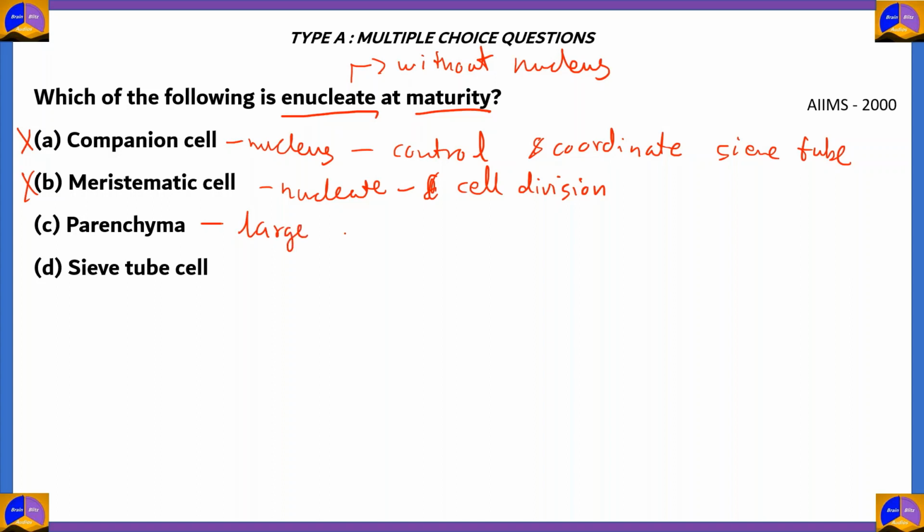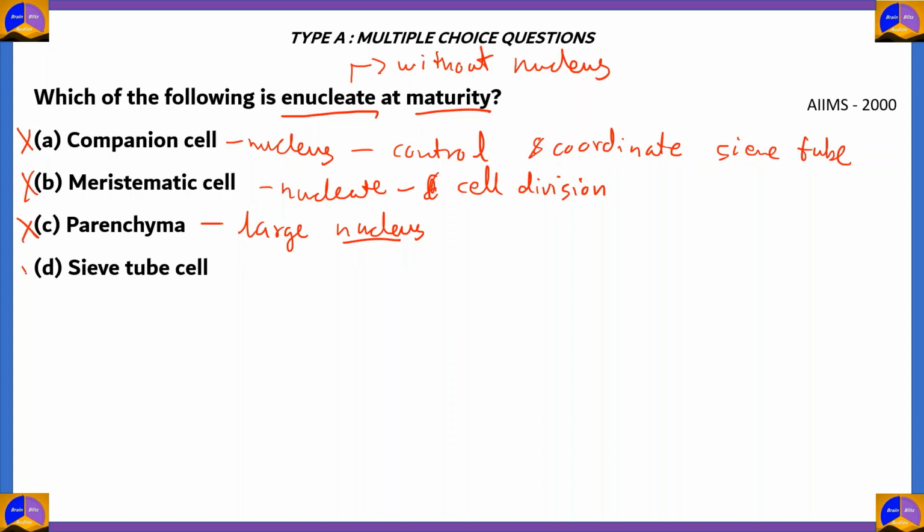Parenchyma has a large nucleus and it contains a small vacuole. So it has a prominent nucleus, which is found in microscopes. When we observe parenchyma through microscopes, we'll find that parenchyma has a large nucleus. So option C is incorrect.